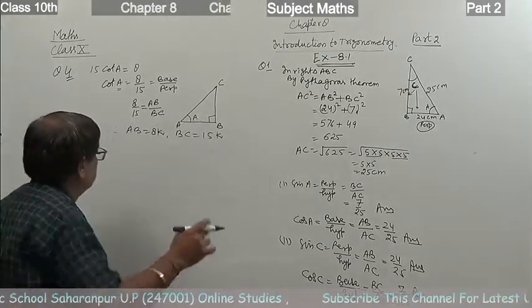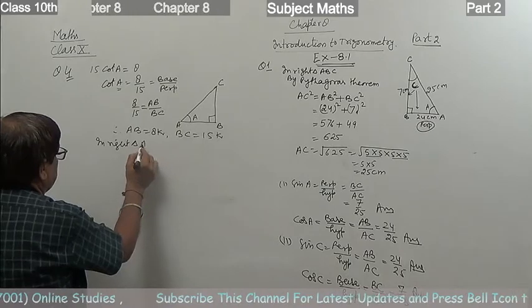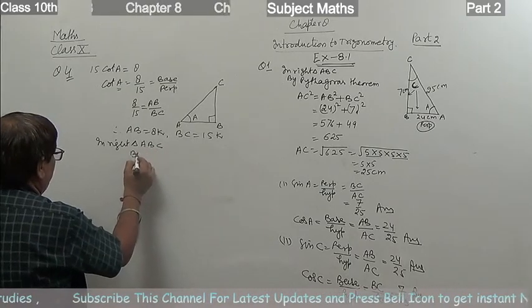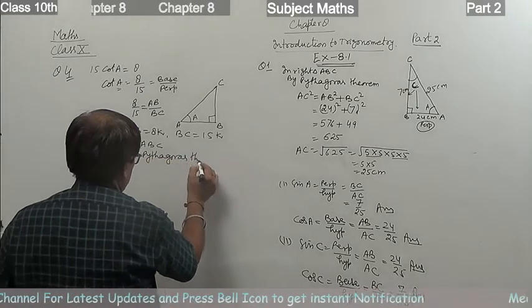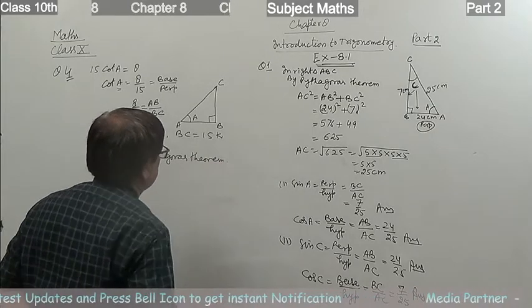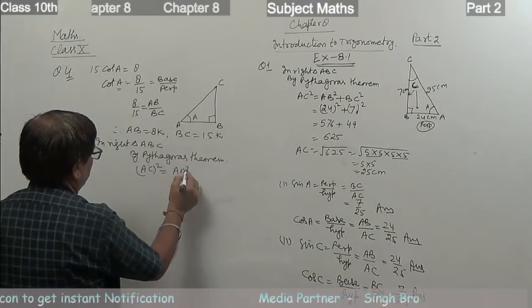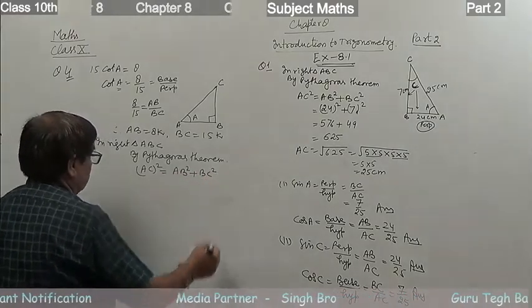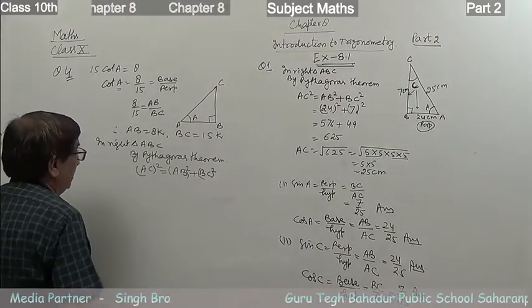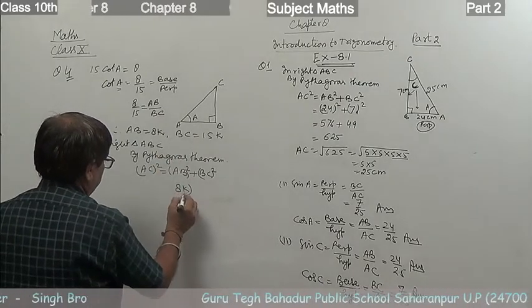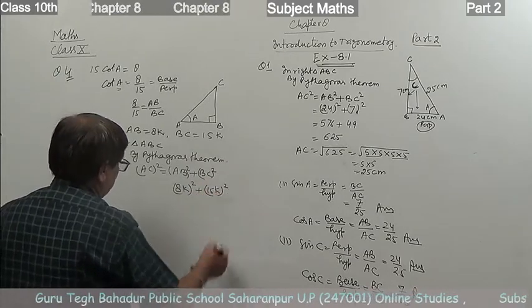Now in right triangle ABC, by Pythagoras theorem, AC square is equal to AB square plus BC square. AB is 8K square, BC is 15K square.